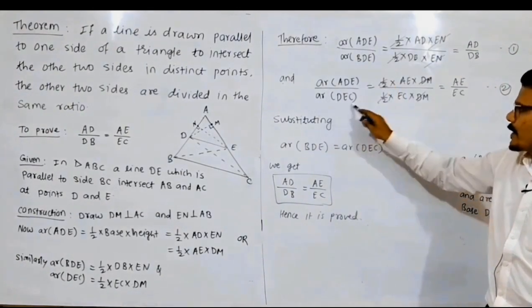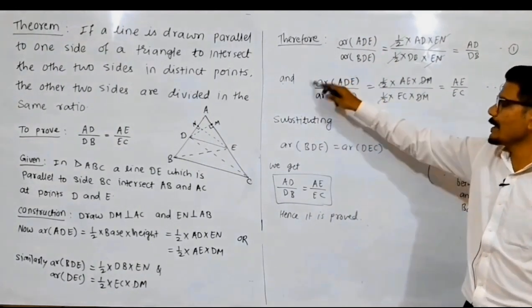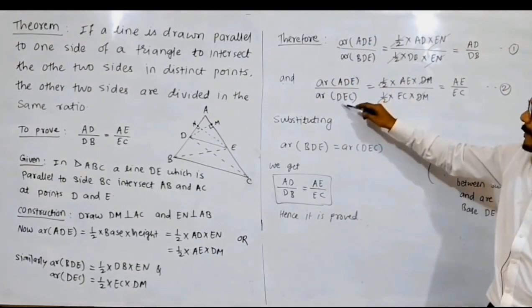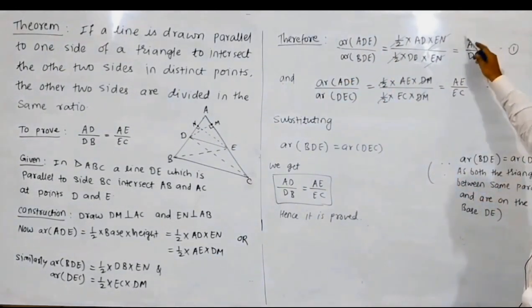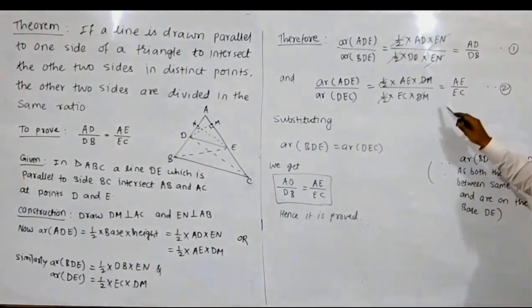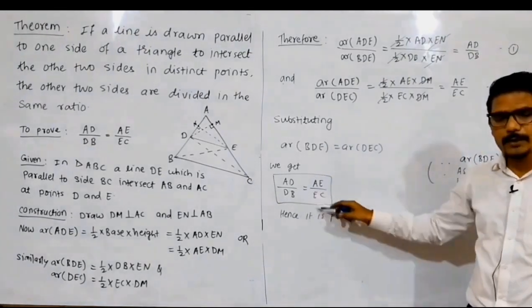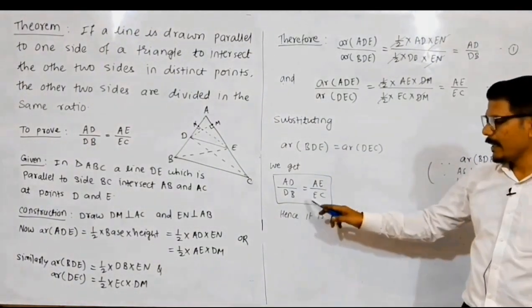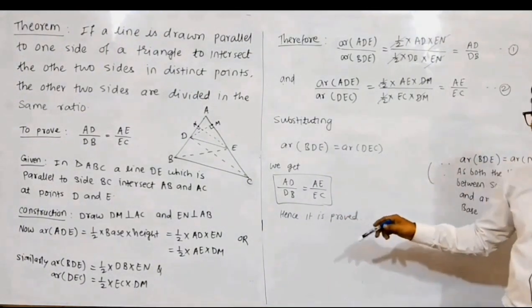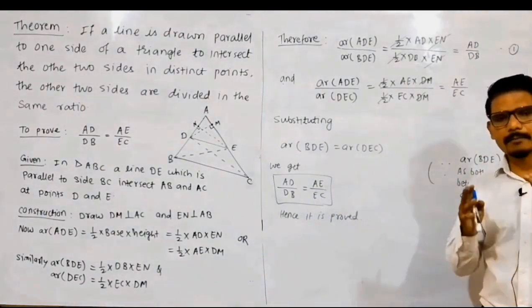That means both the left sides become equal. Therefore, we can take the right sides equal. So AD upon DB from this equation is equal to AE upon EC from this equation. We can take these two ratios equal. Therefore, it is proved that the divisions AD, DB, AE and EC are in proportion.